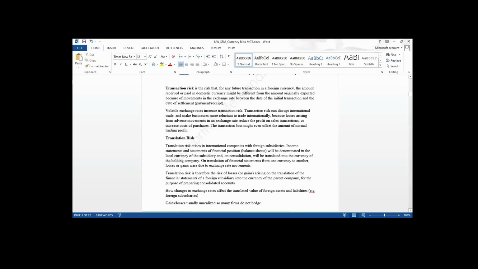We now have MultiChoice Nigeria, MultiChoice Ghana, and MultiChoice in other African countries. For MultiChoice Nigeria, the account is prepared in Naira. The income statement and balance sheet of MultiChoice Nigeria are denominated in Naira. MultiChoice Ghana's account is denominated in cedis.